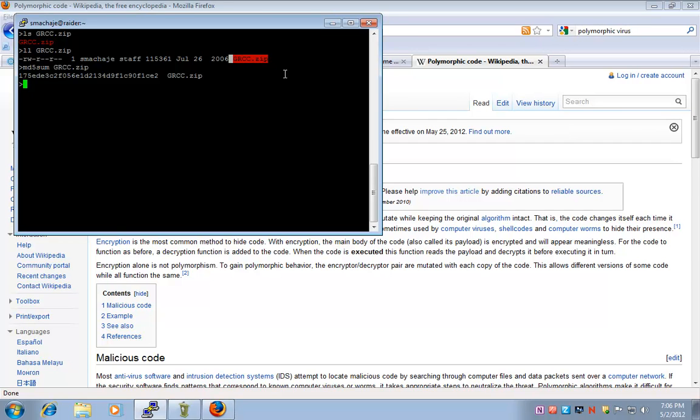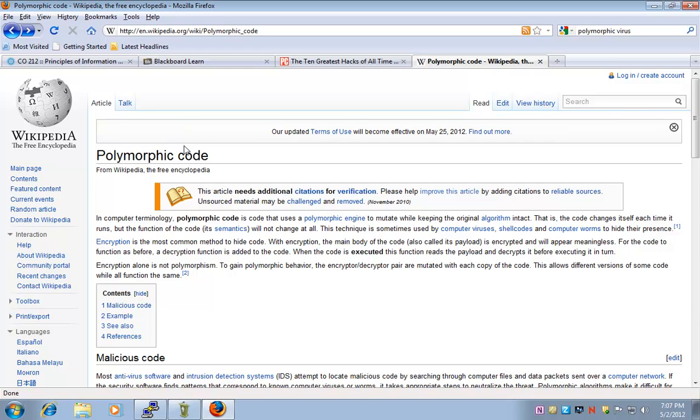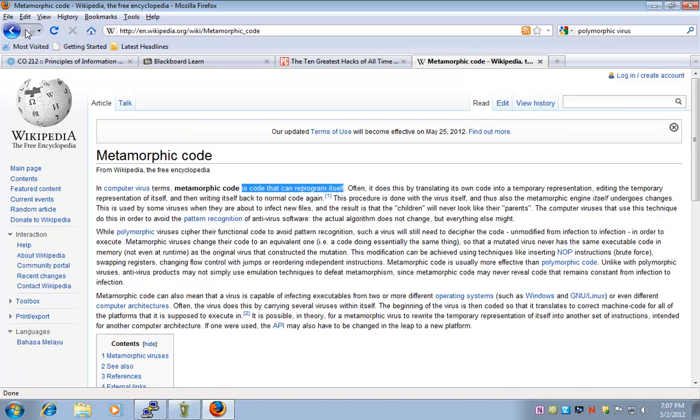What we see under polymorphic code is that temporarily the file can be encoded into something else. But if we now have metamorphic code, now we're in trouble.